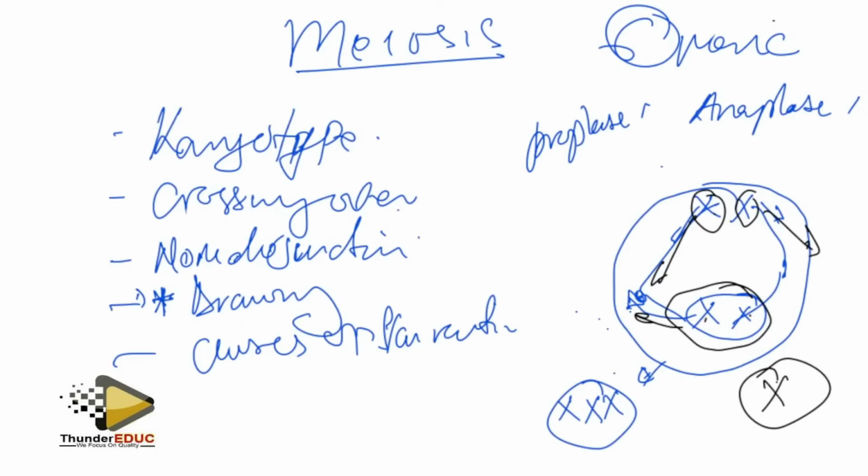So this one is 3 instead of 2, and this one is 1 instead of 2. Because it has 1, we call it monosomy. Because this one has 3 instead of 2, we call it trisomy. How does this lead to Down syndrome?